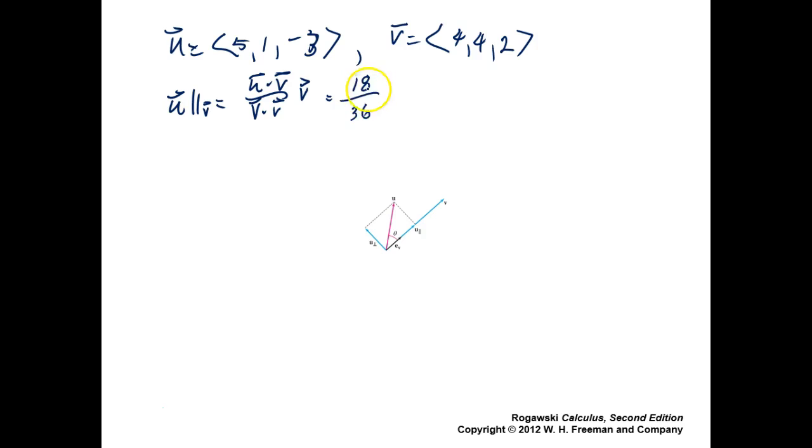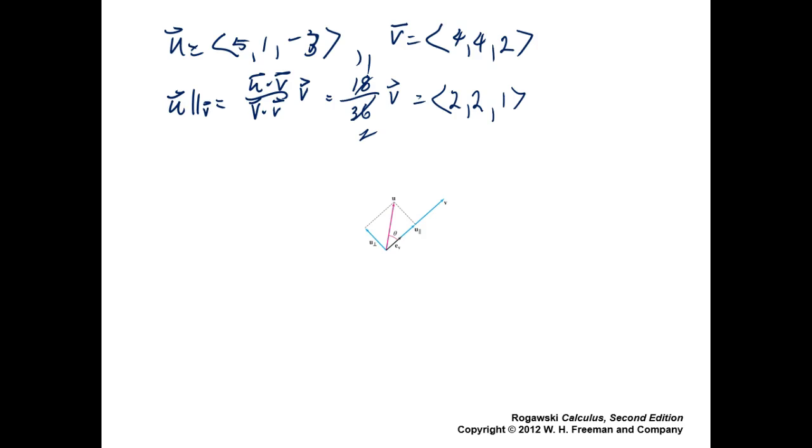So that's the same as 1/2 times V, which is (2, 2, 1). So there's the projection of U onto V, parallel to V. Yep, (2, 2, 1). That's what they got.